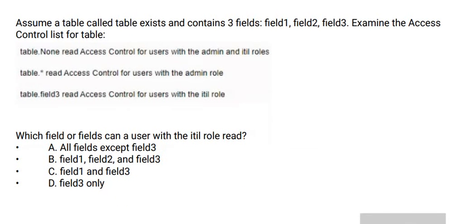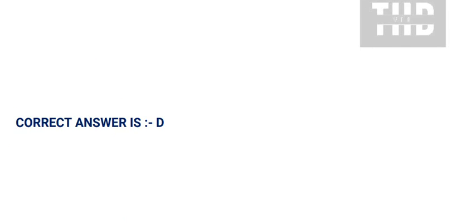Option A, all fields except field 3. Option B, field 1, field 2 and field 3. Option C, field 1 and field 3. And option D, field 3 only. The correct answer is option D.